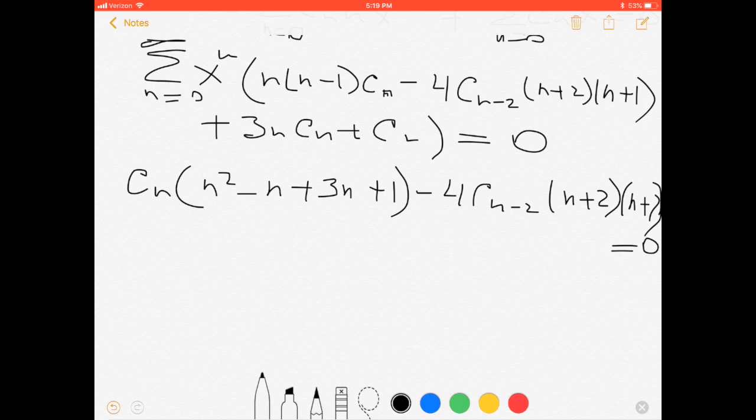This means my Cn equals, what do I write, Cn minus 2. It's 4 Cn.